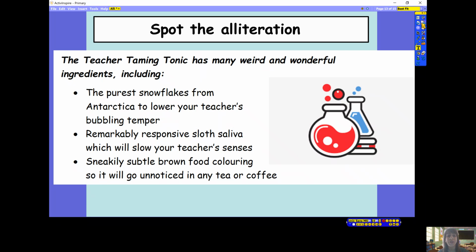Press play when you're ready to go on to your task. Okay, so well done for spotting the alliteration. We have the remarkably responsive, and then we had sloth saliva. Sneakily subtle was alliteration. Also, like I mentioned before, teacher taming tonic.